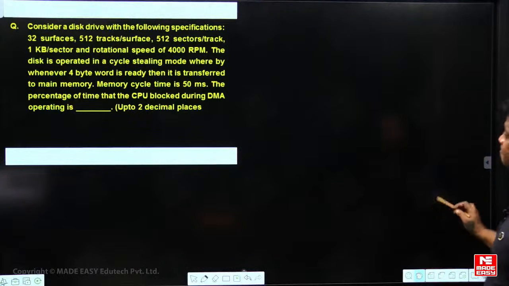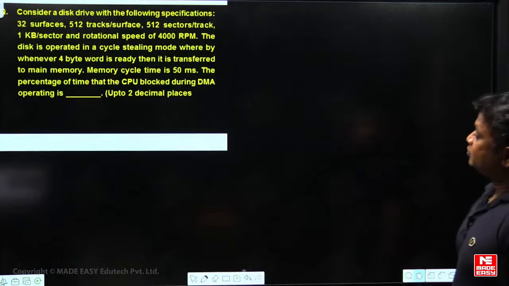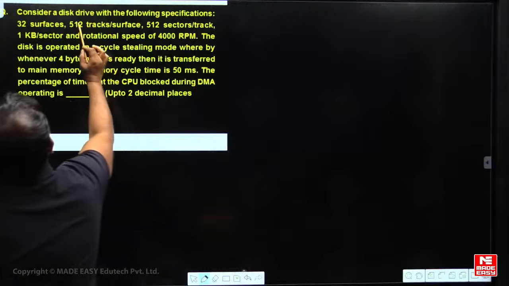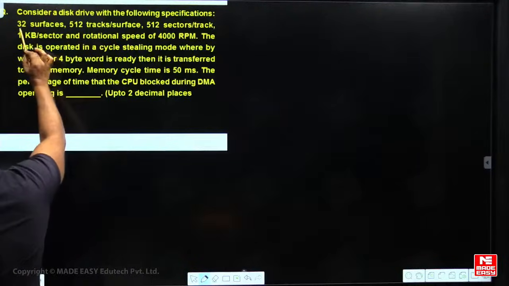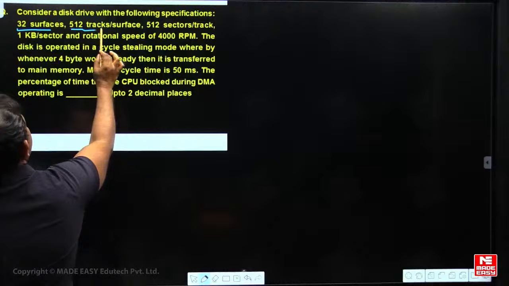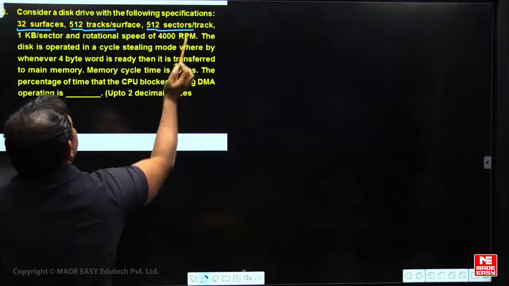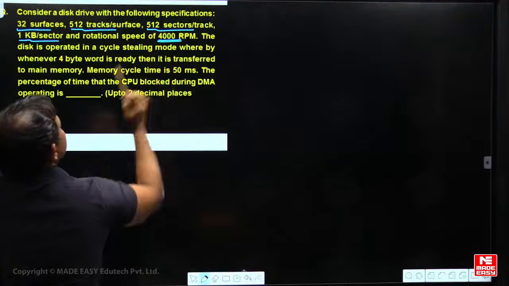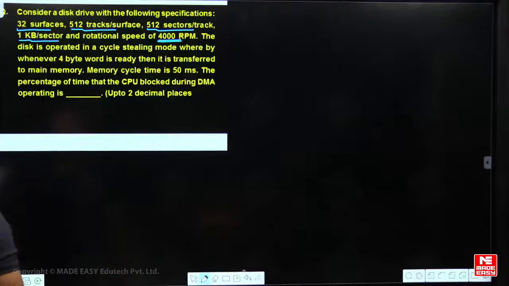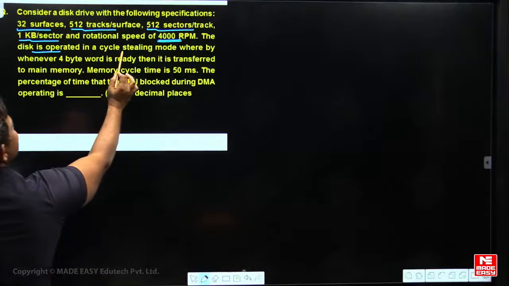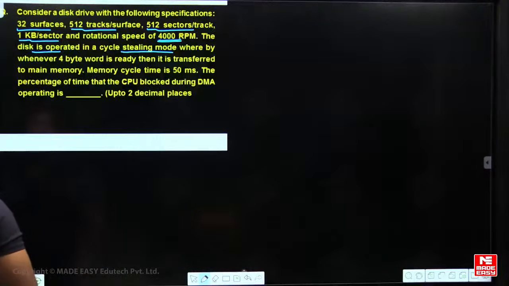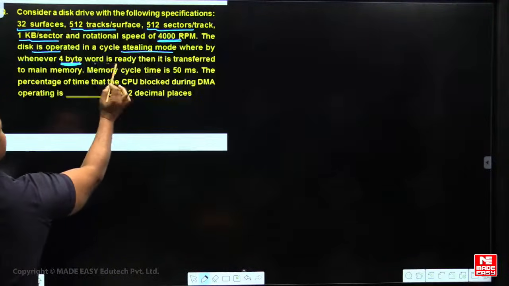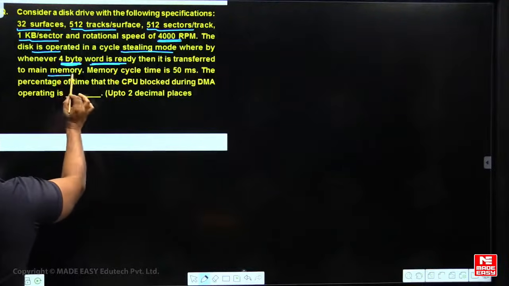Take this. Consider a disk drive with the following specification: 32 surfaces, 512 tracks, 512 sectors per track, 1 kilobyte per sector, rotational speed 4000 revolutions per minute. The disk is operated in cycle stealing mode, where when a 4-byte word is ready, it is transferred to main memory.